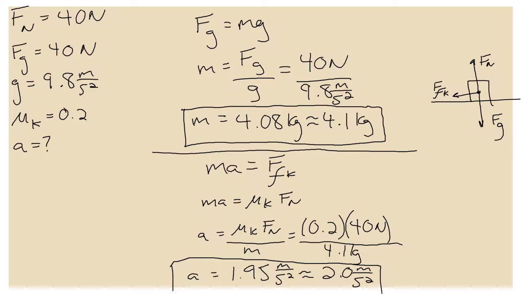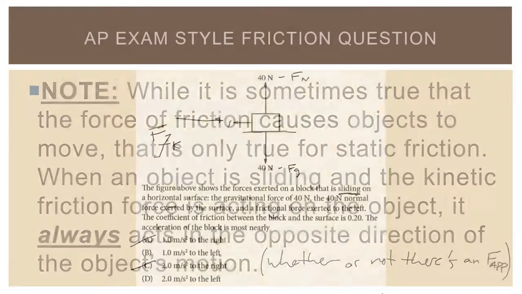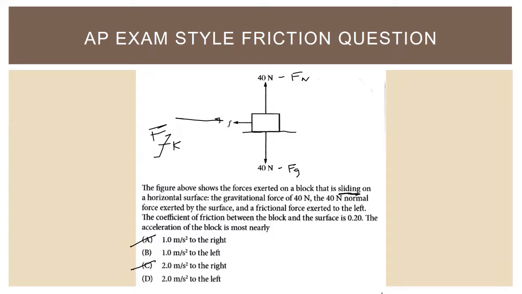Now, of course, getting 1.95 is not really an issue, even though the answers say 2 meters per second squared. It's not necessarily a significant figures issue. On the multiple choice section of the AP test, it says for convenience, you can use the approximate value of g as 10 meters per second squared.